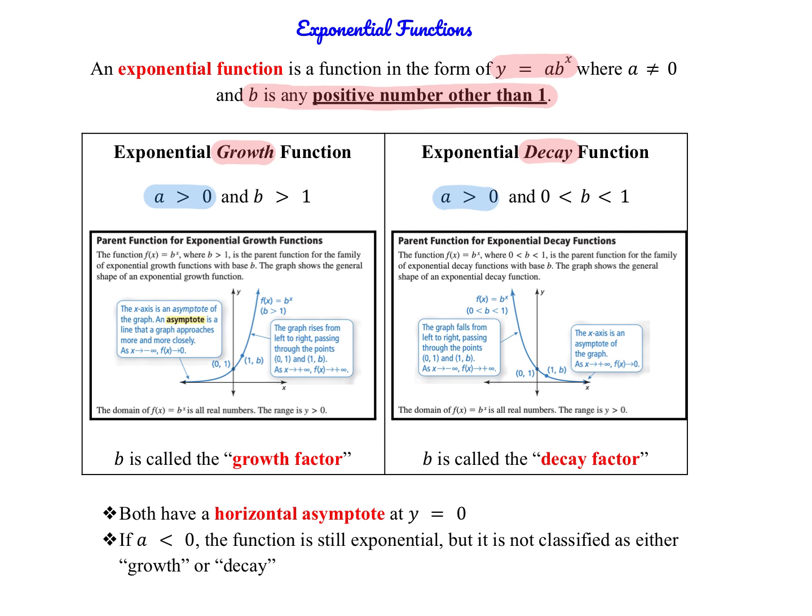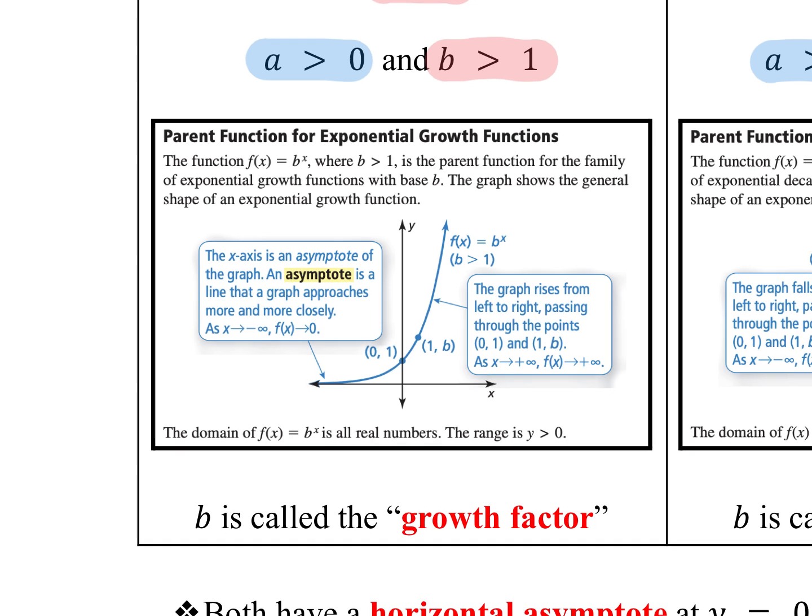And then we have two scenarios. If your base is bigger than 1, we would call it an exponential growth function, because what you see will happen in this case is that your graph is going to grow as it approaches to the right. So as x approaches positive infinity, my y value goes up. It also approaches positive infinity.